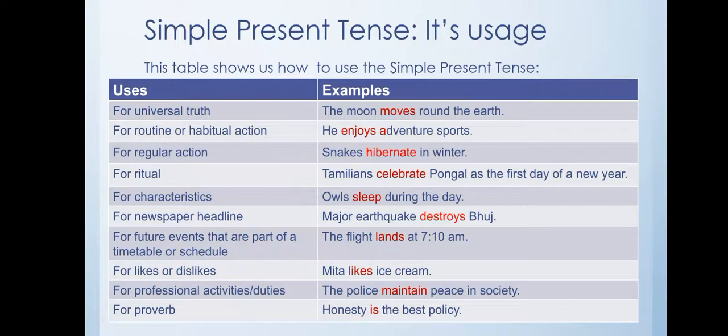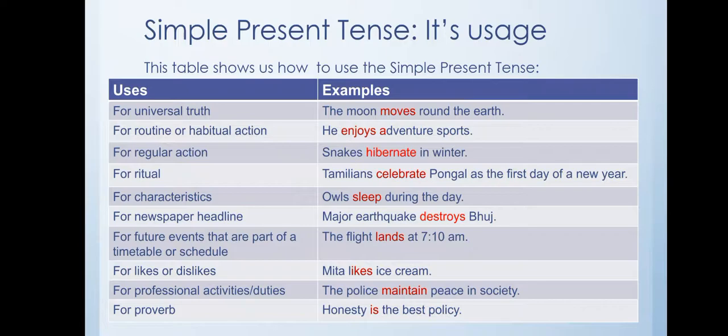Snakes hibernate in winter. So it's a habitual regular action of snakes. So this is in simple present tense. For ritual also we use simple present tense. See the example, students. Tamilians celebrate Pongal as the first day of a new year.